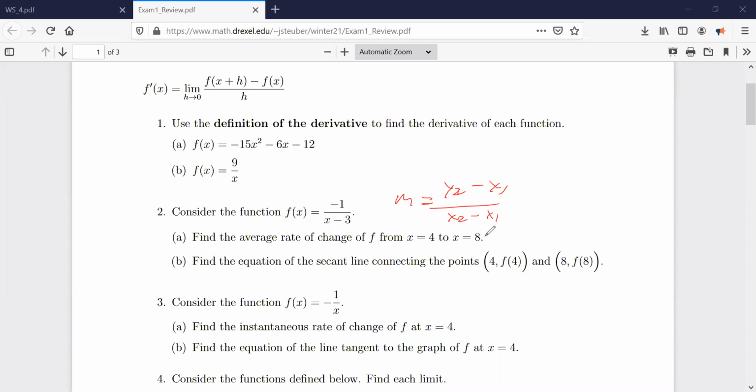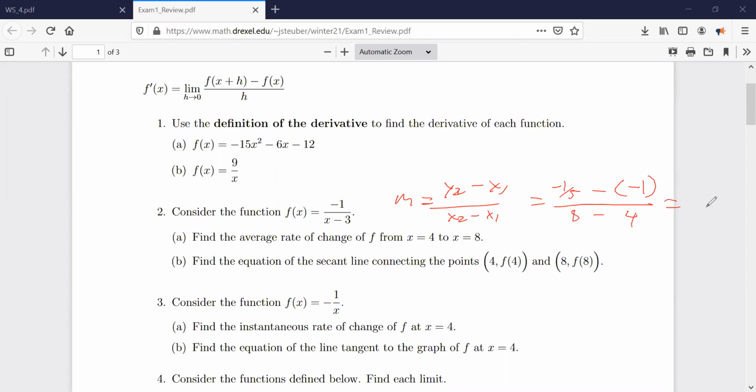So if I plug in 8 into this equation, I get negative 1/5. So it's going to be equal to negative 1/5 and 8 there. And then if I plug in 4, I get negative 1. So minus negative 1 and minus 4.